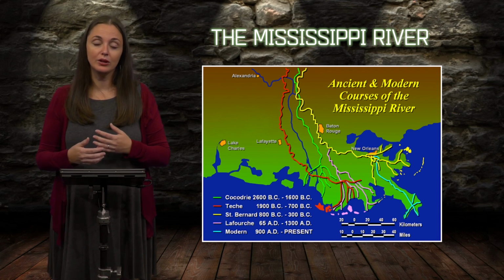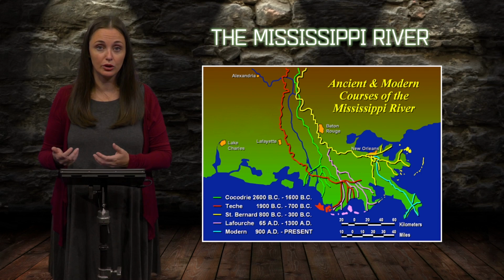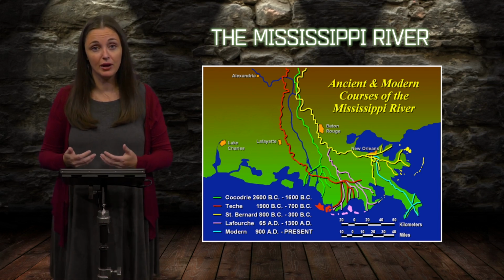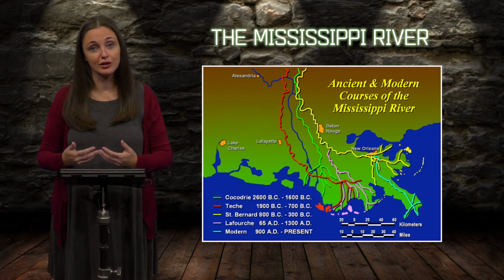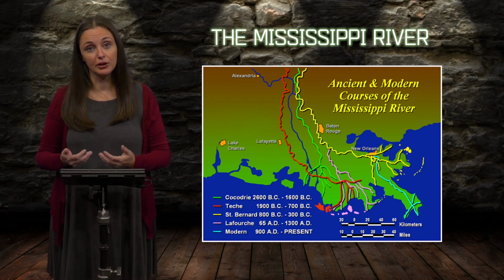Now, the reason why we need to maintain some kind of control on the river is because Baton Rouge and New Orleans are heavily populated port cities that depend upon the Mississippi River, were constructed intentionally on the river itself to serve some purpose.